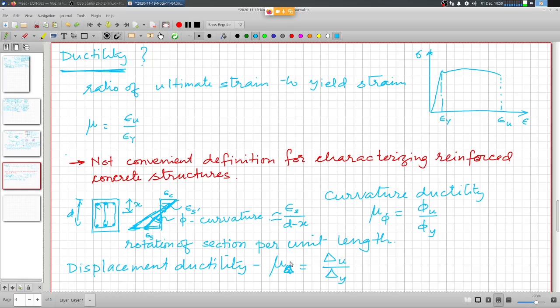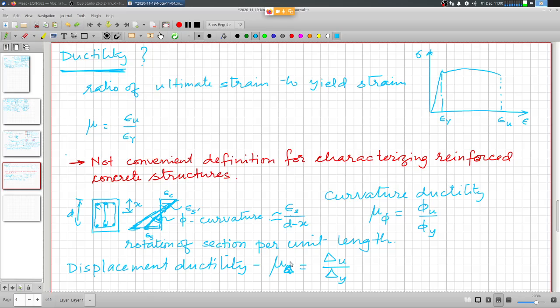Now, the available ductility at a structural level, at a global level, is often very small compared to the ductility that is available in the material, in the particular element or particular section that is undergoing plastic deformation.